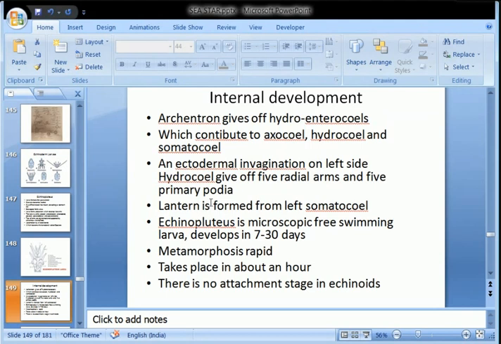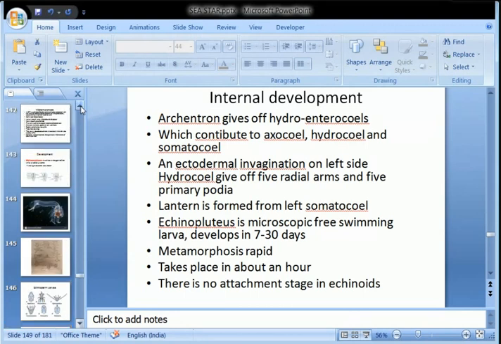That lantern is formed from the left somatocoel. Other different areas give rise to various systems like the water vascular system, some developing more while others show reduced development.